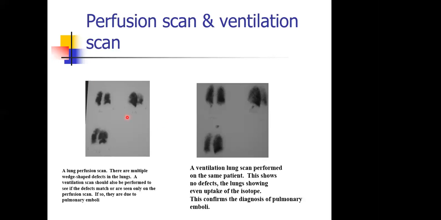Then the second phase of the scan is the ventilation phase. In this phase, the patient is again nebulized with a radioisotope. Again, this time it is going to be technetium, which is attached to carrier molecules.